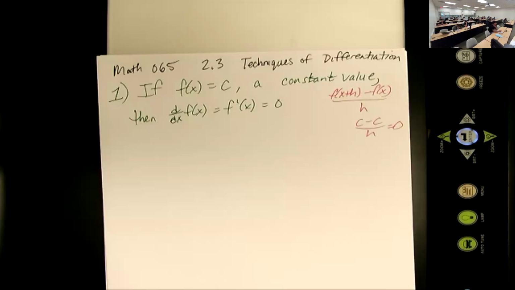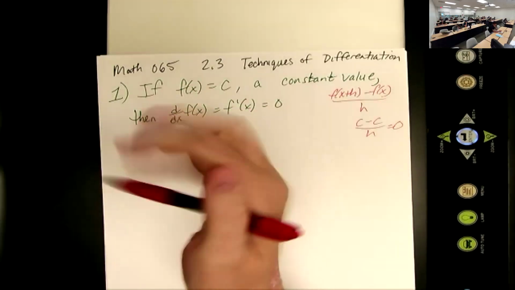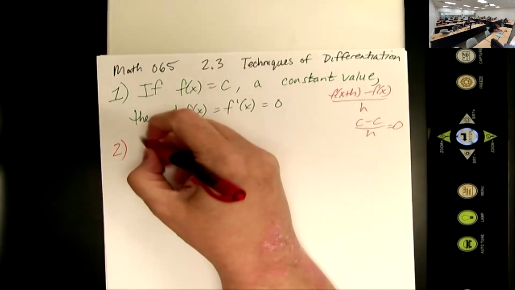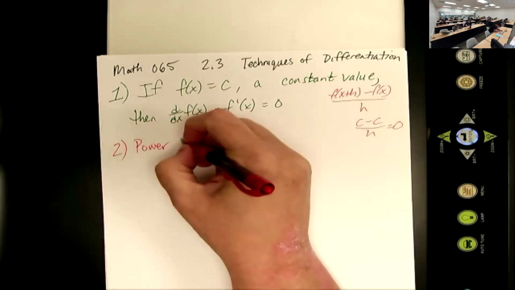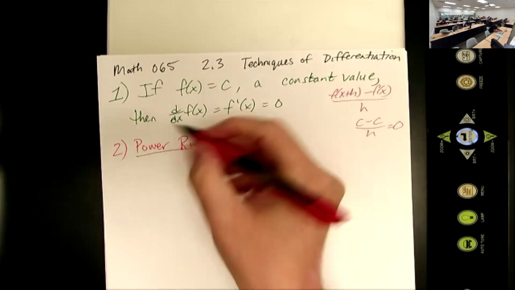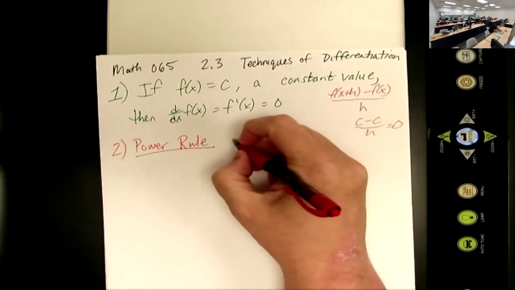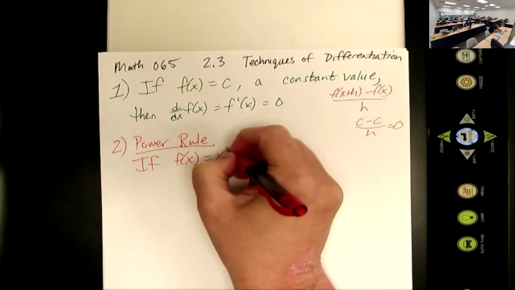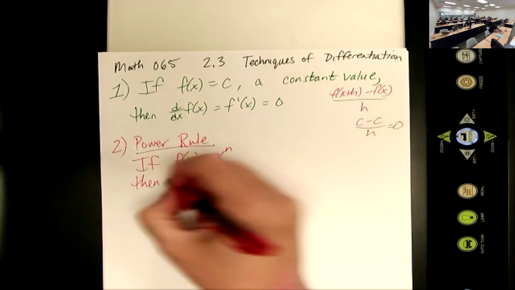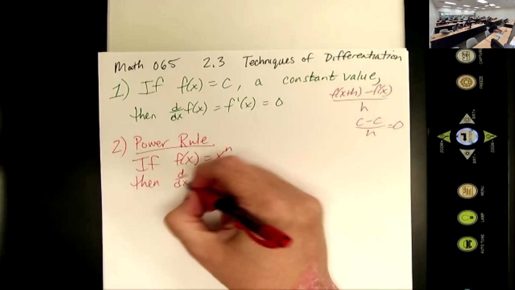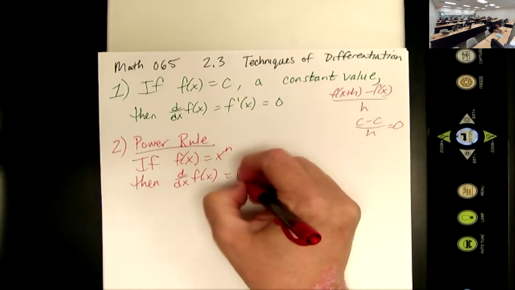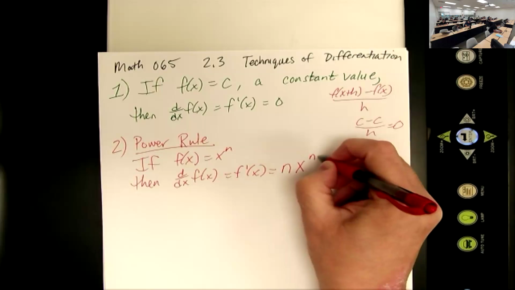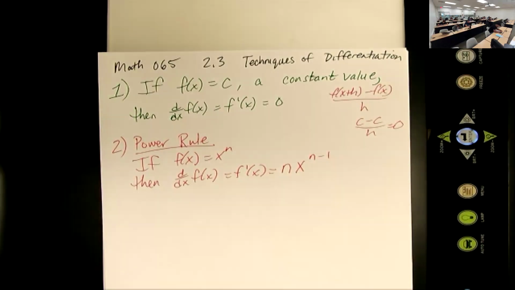Next one, the first rule that most people learn, the one that's most important: the power rule. If f of x equals x to the n, then the derivative of f of x is n times x to the n minus 1 power.